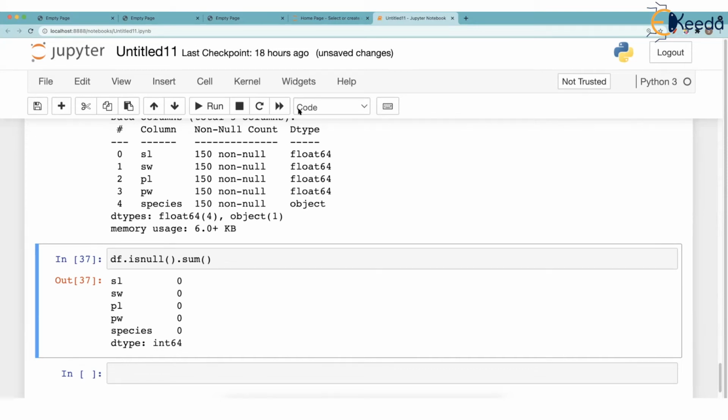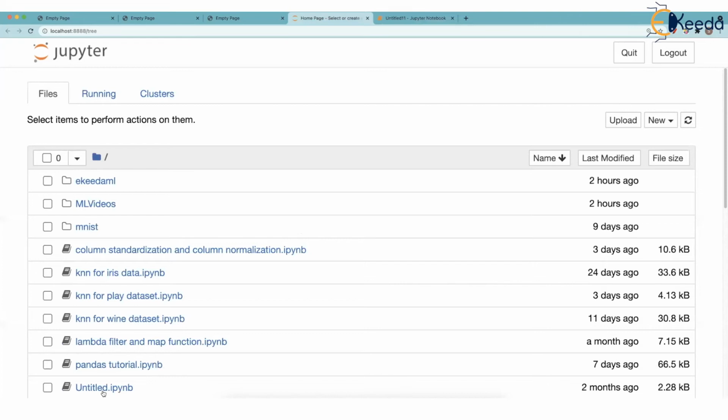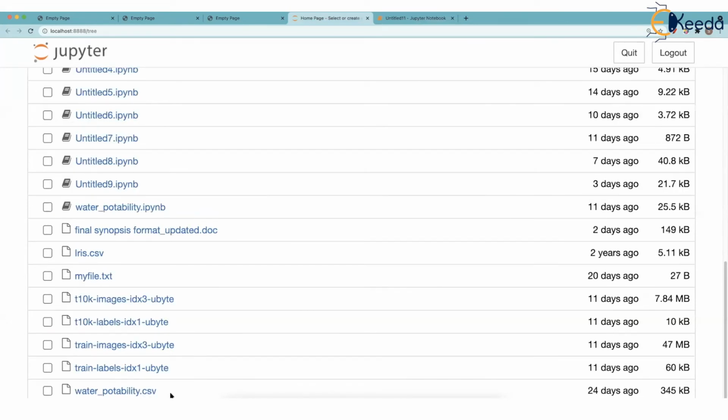Fantastic. Now let's take up a new exercise just for fun. You see there is one CSV file here, water_potability.csv. This is about the purity of drinking water.